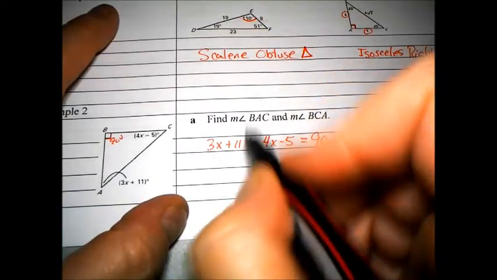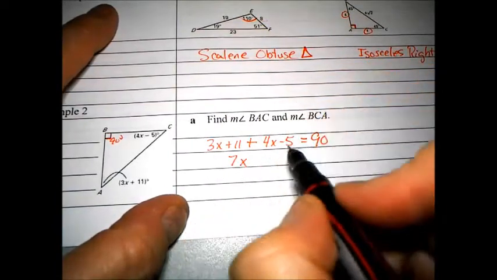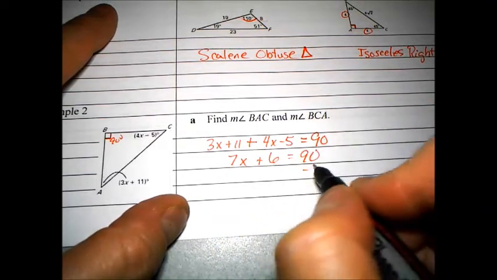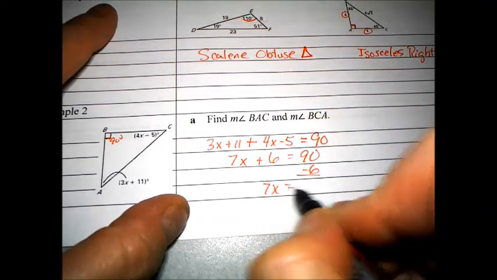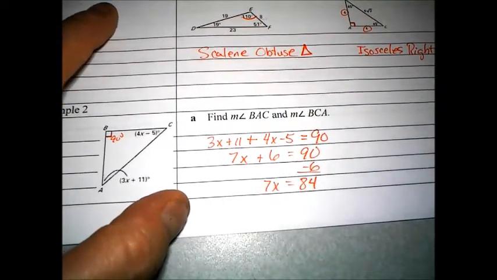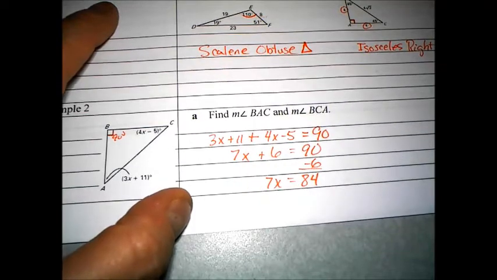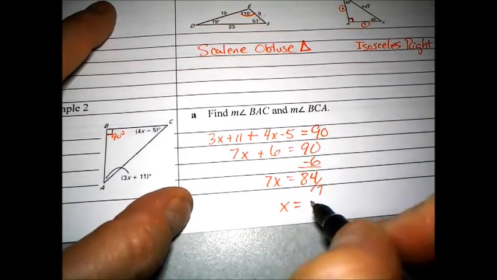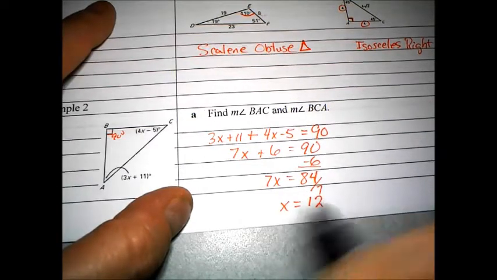If I combine like terms, that gives me 7x plus 6 equals 90. I'm going to subtract 6 and have 7x is equal to 84. And when I divide by 7, it tells me x is equal to 12.